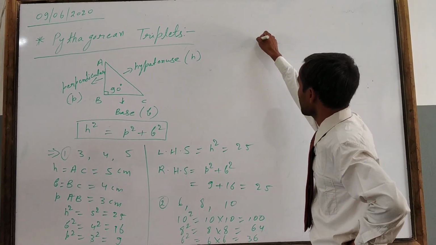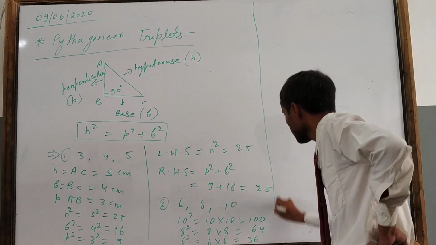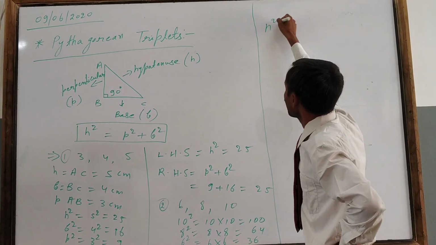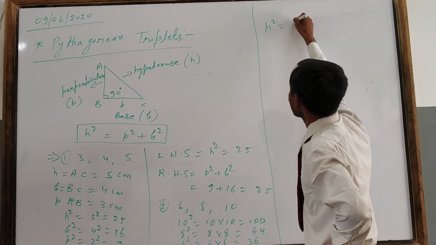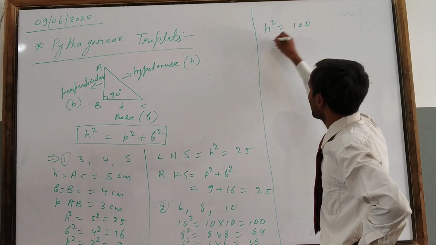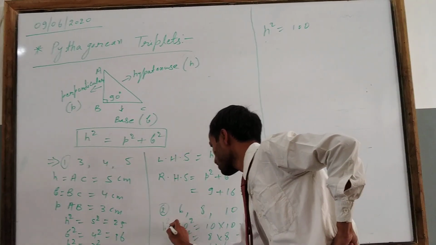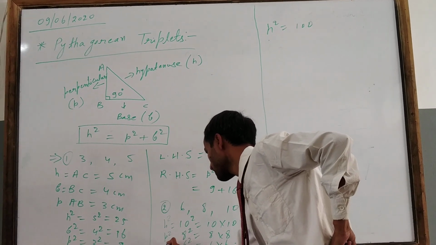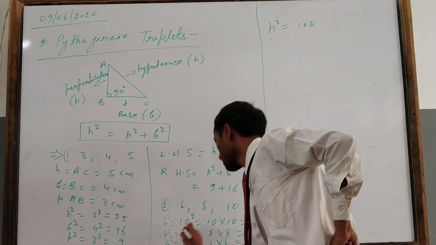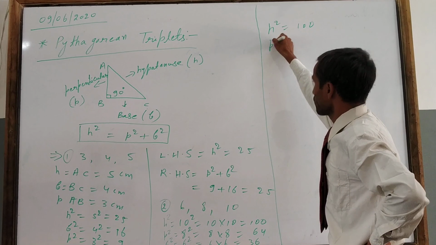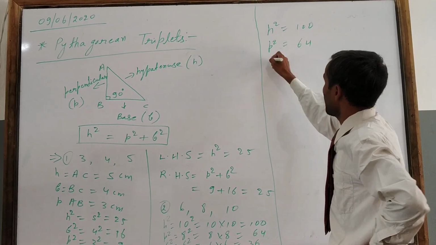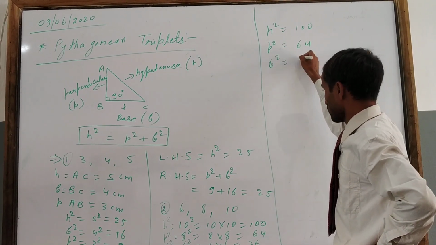So H square is equal to 100, P square is equal to 64, and B square is equal to 36.